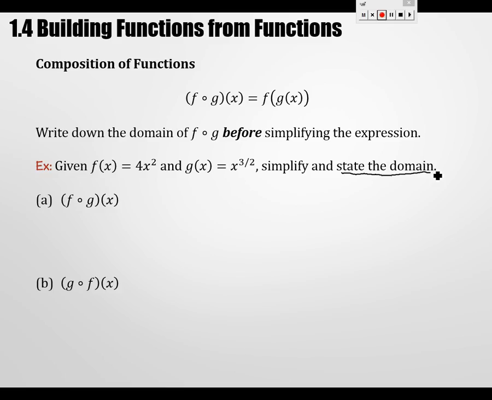G gets applied first, and then F gets applied, in that order. You don't like that analogy? I'm just saying the order matters here. We apply G followed by F. We always evaluate the functions from right to left, okay?